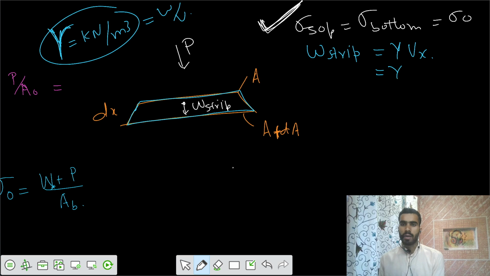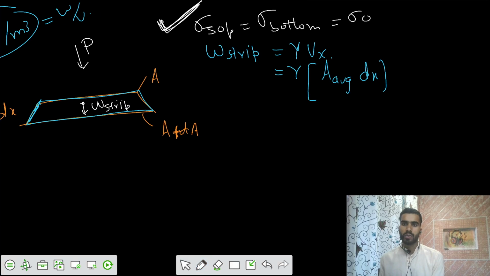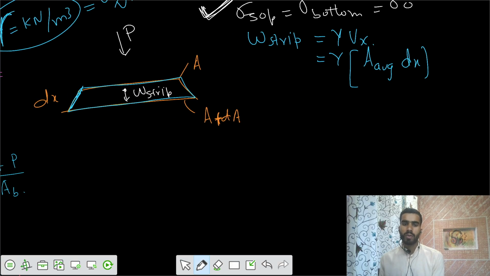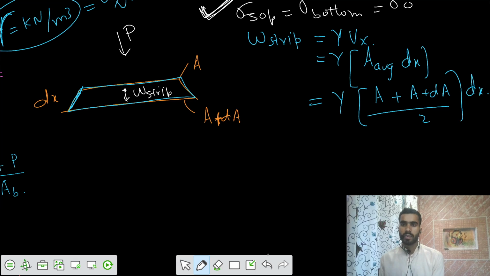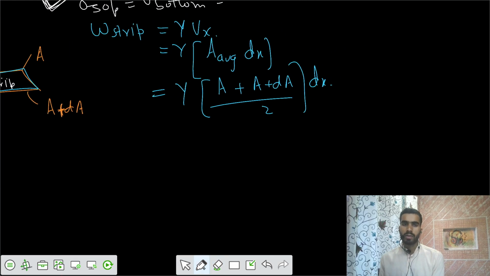Because your area is varying, I can take average area into the strip length dx. So area into length is your volume. What is the value of average area? At the top I have area A, and at the bottom I have area A plus dA, and you divide by 2, into dx. So I have this weight of the strip.